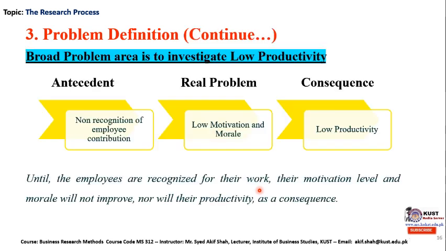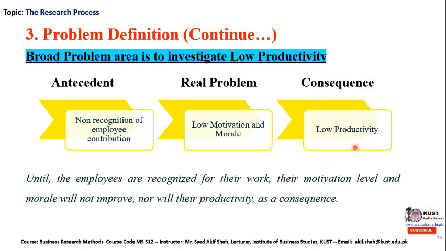In our case, the broad problem area was to investigate the low productivity. Let's say that the manager was looking to solve the issue of low productivity, and he has increased the financial benefits and the salary of the workers, and is of the opinion that this financial benefit may increase the productivity of the workers, but he might be wrong in the judgment of the real problem.